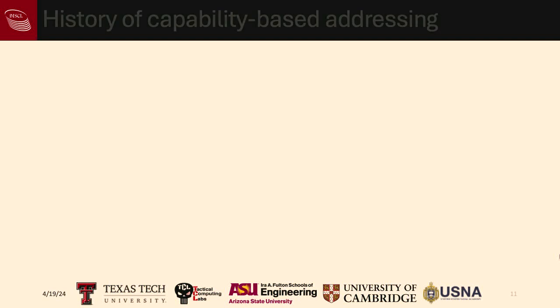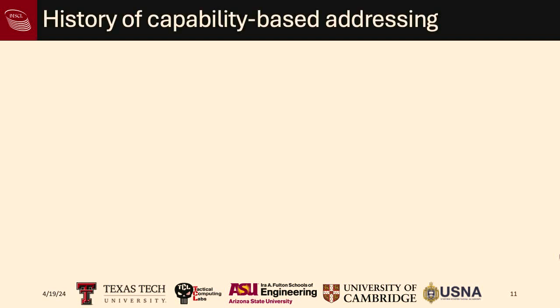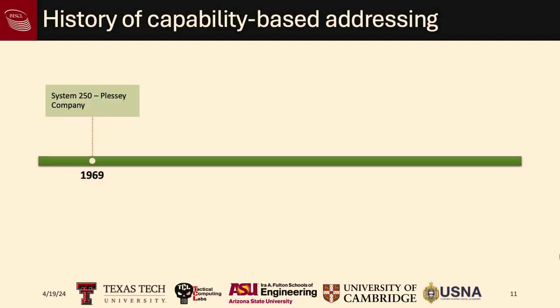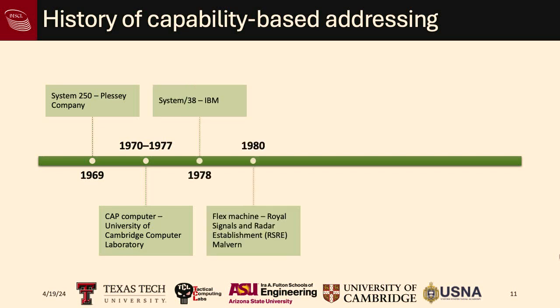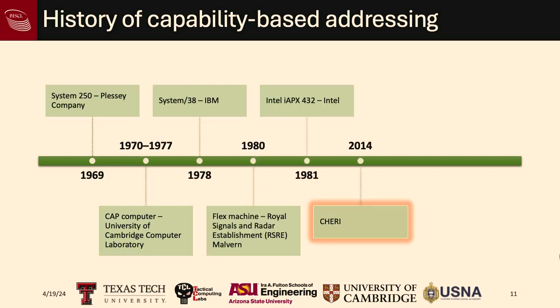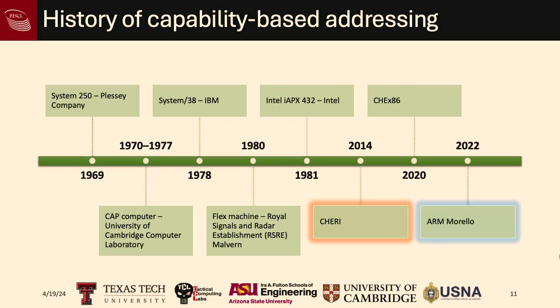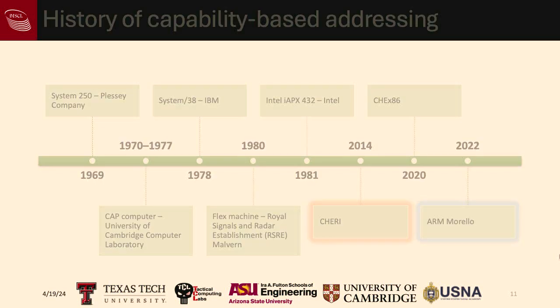There have been multiple capability-based addressing systems throughout history. And for this talk, I would like to leverage the work that has been done at the University of Cambridge on CHERI, along with its complementary ARM system, the Morello platform, to show you a use case of a secure extended system.